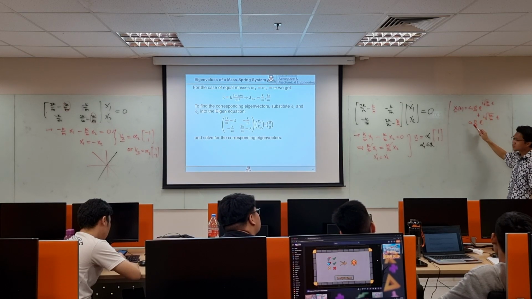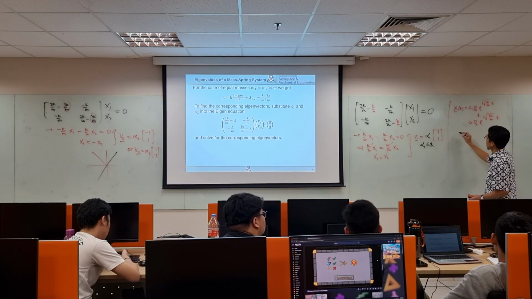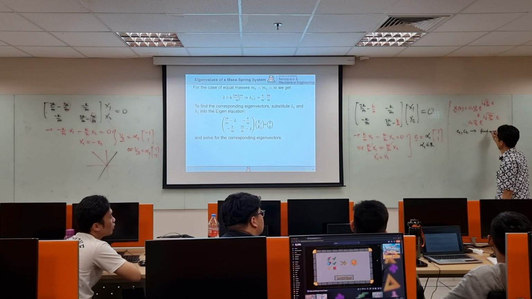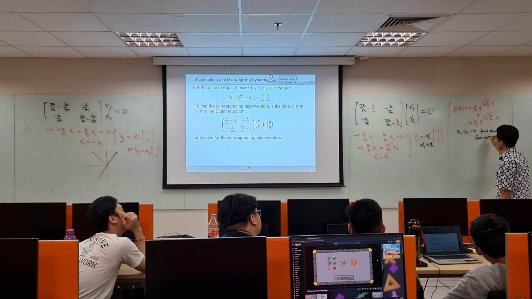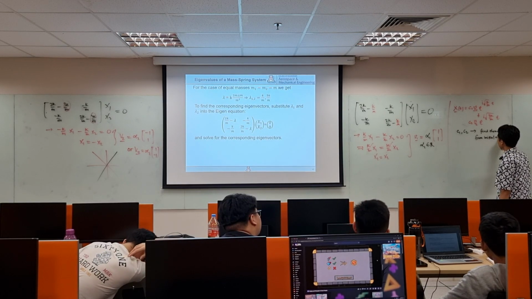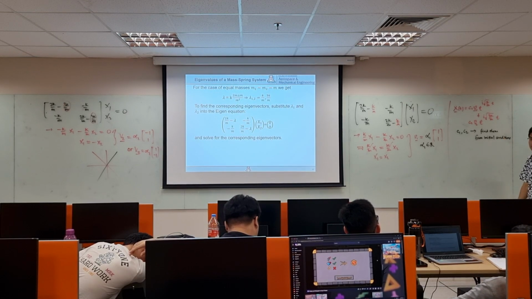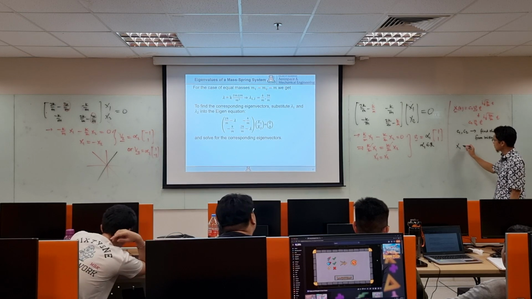What about C1 and C2? That's not alpha. C1, C2, we find them from the initial condition. What's the initial condition?